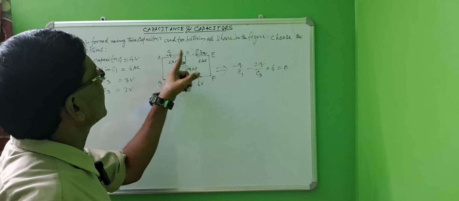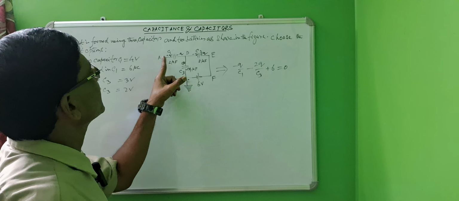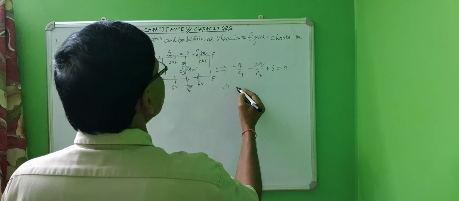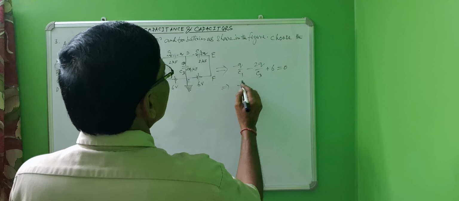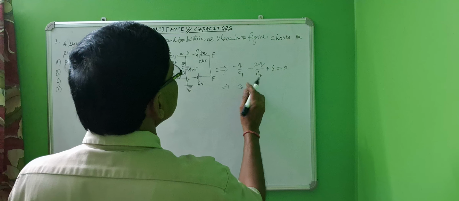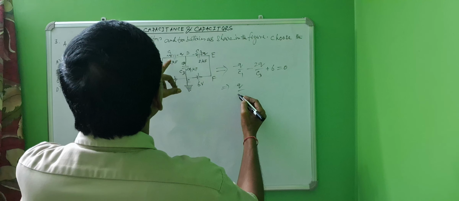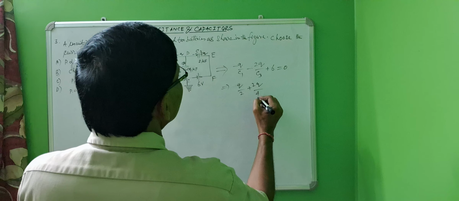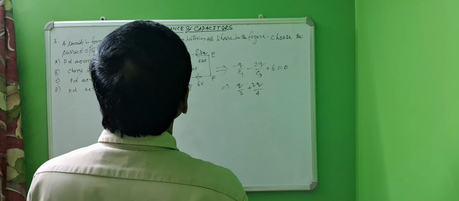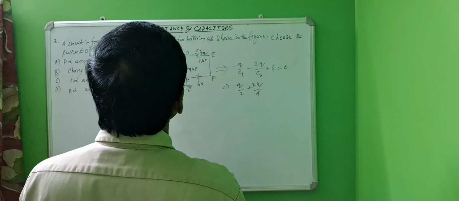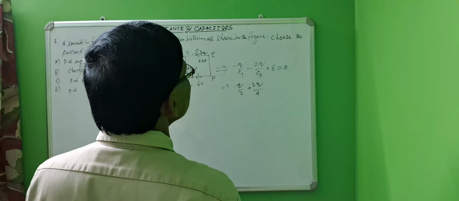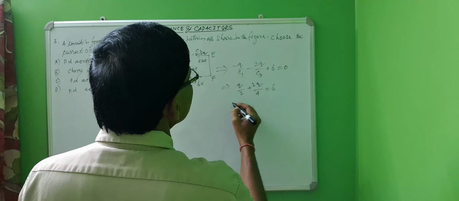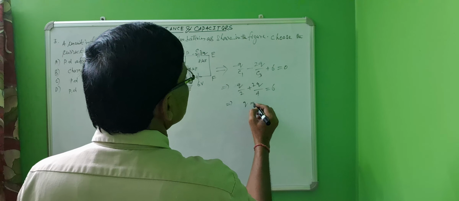In this way, when we come to this end, we get minus, minus, minus and plus. So after all, we get Q upon 2 plus twice Q upon 4 equals 6, which implies Q equals 6.